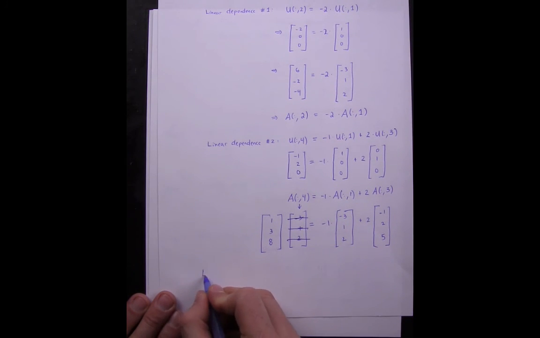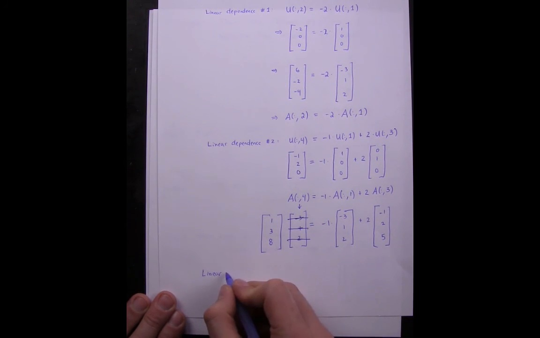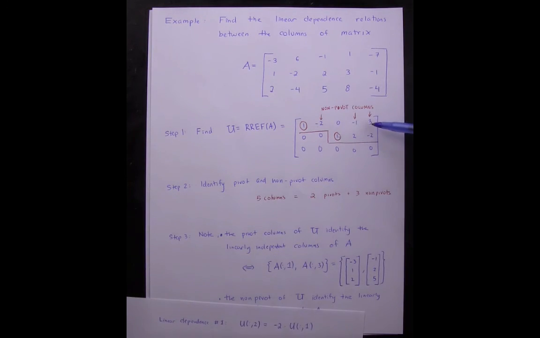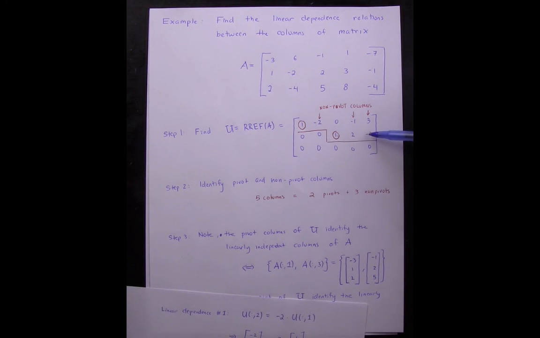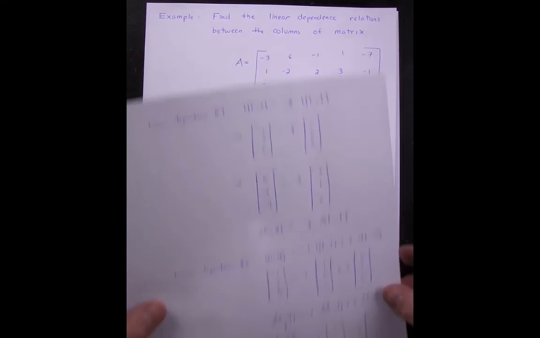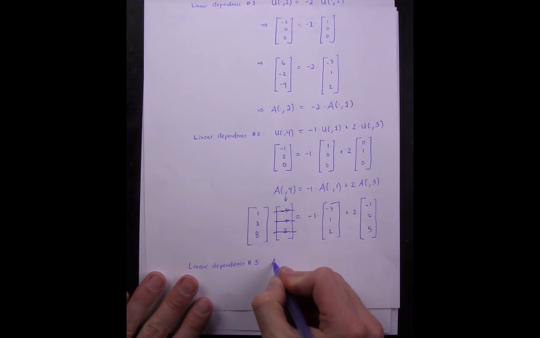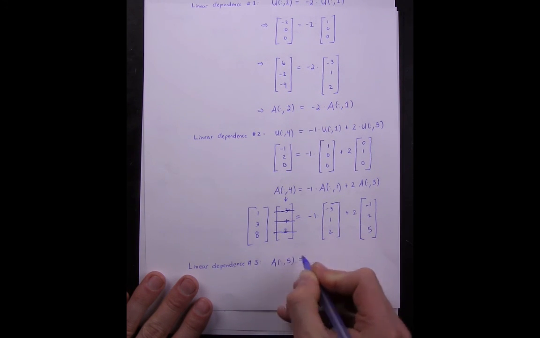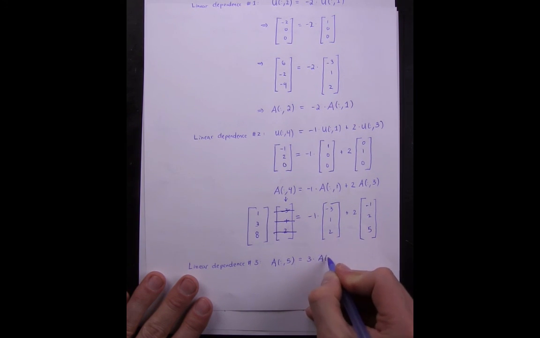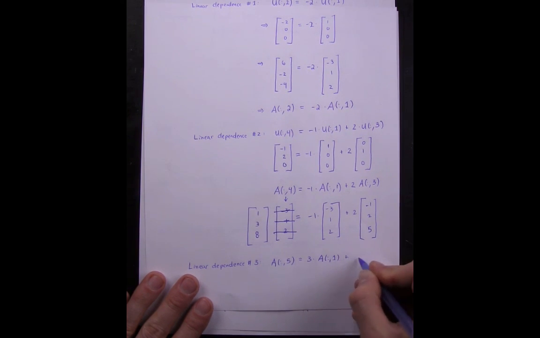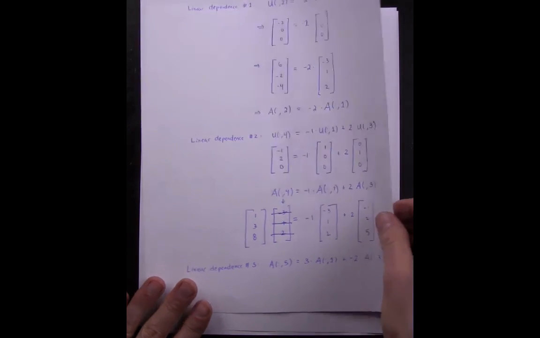The last linear dependence relation, instead of writing all this out, we can immediately jump to the end result and we see that 3 times column 1 minus 2 times column 3 would be equal to column 5. Column 5 is going to be 3 times column 1 plus minus 2 times column 3.